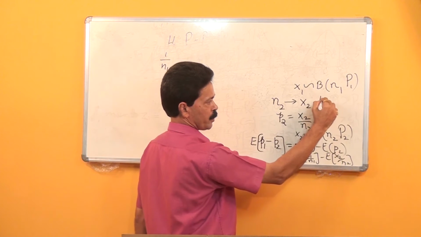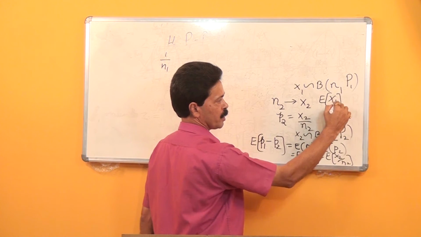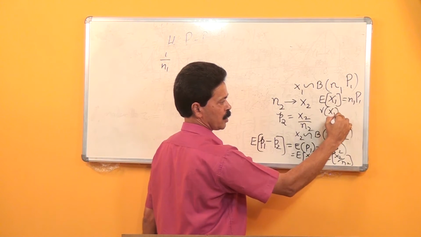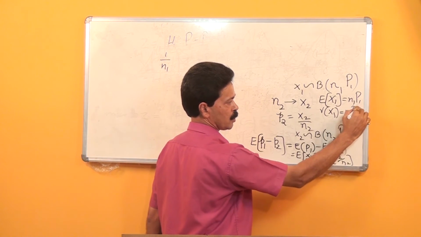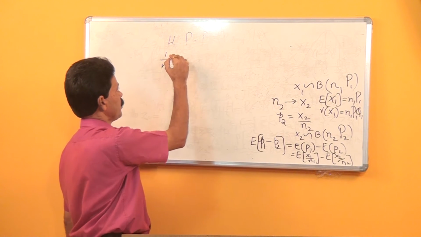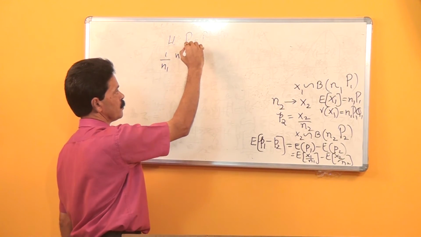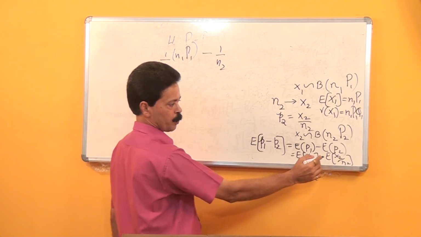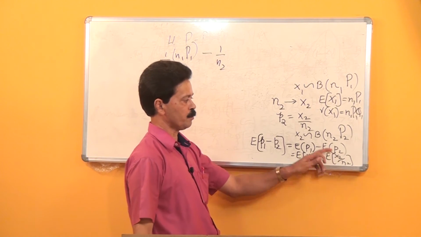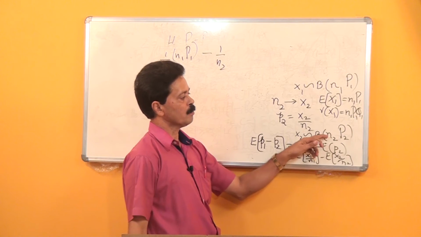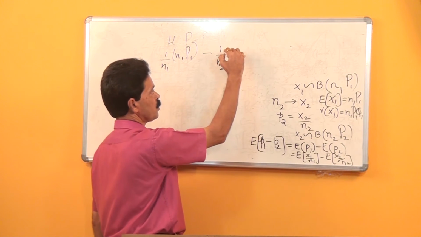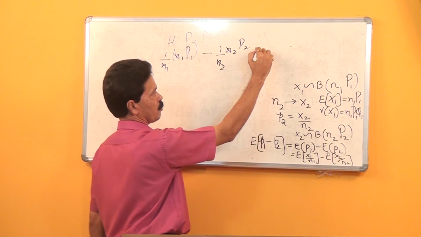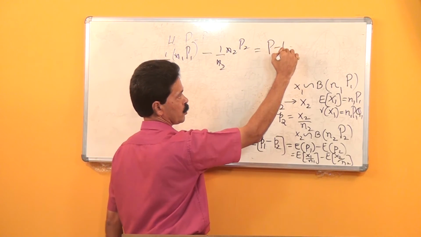Expected value of X1 is the mean of the binomial distribution, that is N1 P1, and variance of X1 is N1 P1 Q1. So E of X1 is N1 into P1, minus 1 by N2 into expected value of X2. Expected value of X2 is nothing but the mean of this binomial distribution, that is N2 P2. So N1 cancels, N2 cancels, and the remaining is P1 minus P2.